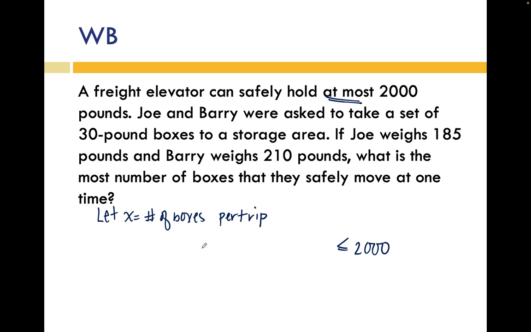If we know that each box is 30 pounds, that's 30 pounds per box times x boxes. Plus Joe himself and Barry also need to be included in the weight because they are on the elevator as well. To solve, I would start by adding 185 and 210 to find the total weight of the two men. 30x plus 395 pounds is less than or equal to 2,000 pounds.